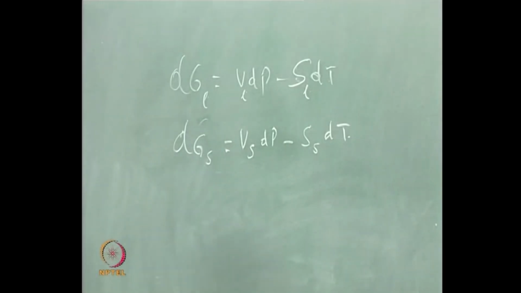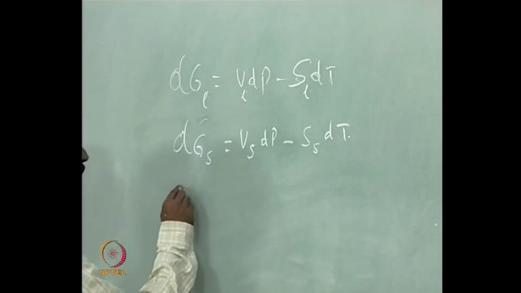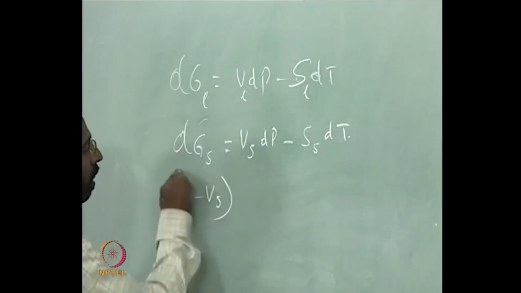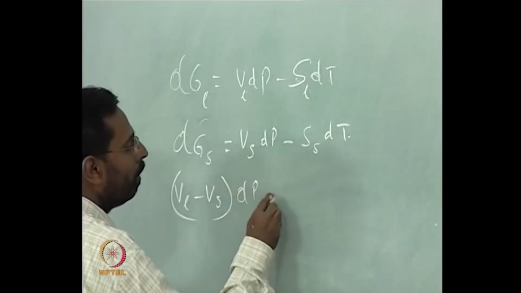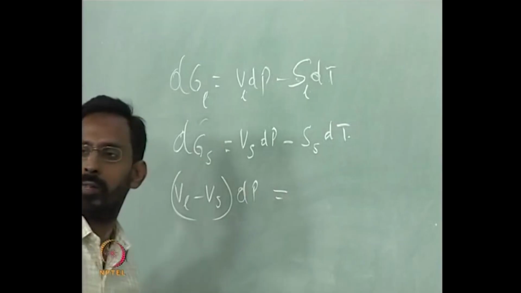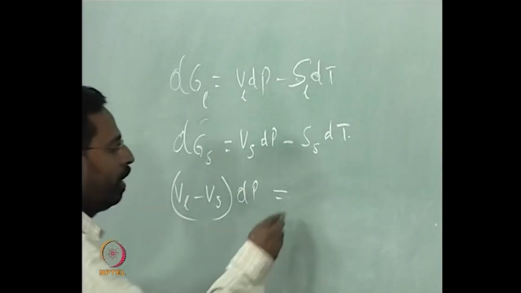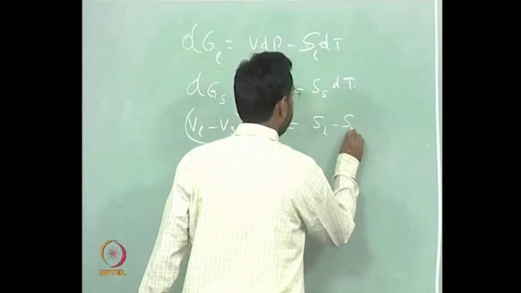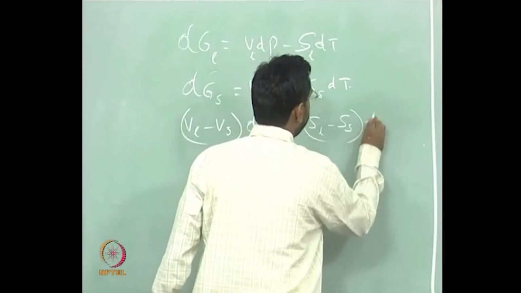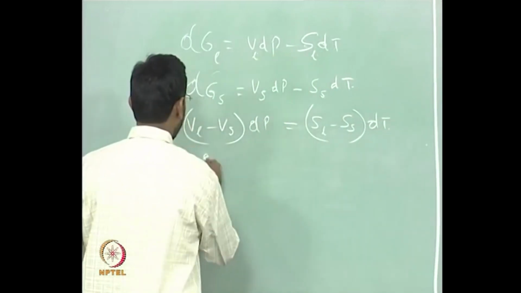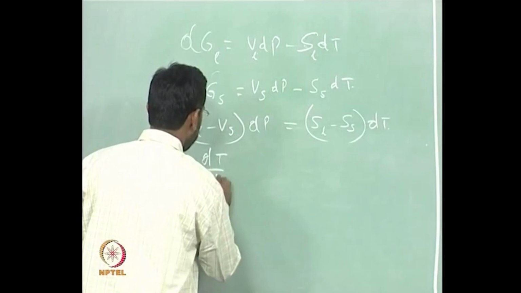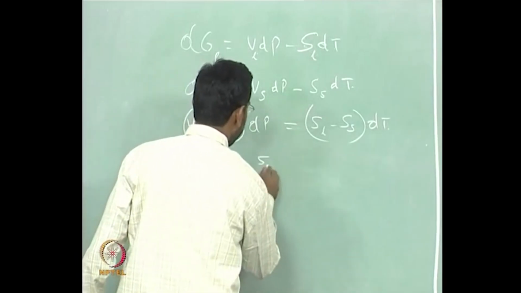We know that at equilibrium both the free energies are equal. So when we equated these two, we got an expression where VL minus VS into dP should be equal to SL minus SS into dT, and that is where we got an expression for dT by dP.